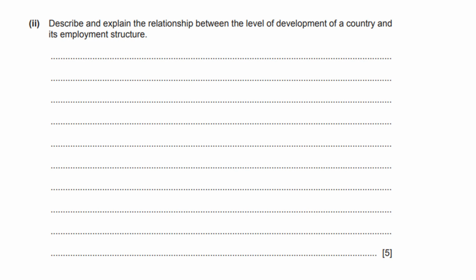Now if you look at this question, the level of development of a country, how it changes, and its employment structure. So you are relating 2 things: employment structure, level of development. So you find out that an LEDC has more people employed in the primary sector.